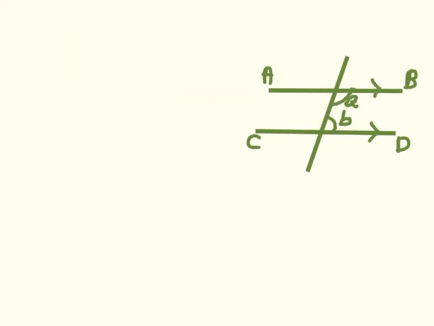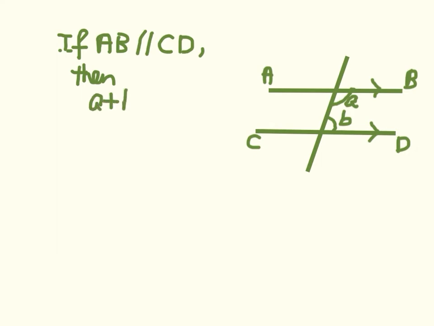The last theorem in this part is about the interior angles on the same side of the transversal. We write, if AB parallel to CD, then A plus B is 180 degrees.